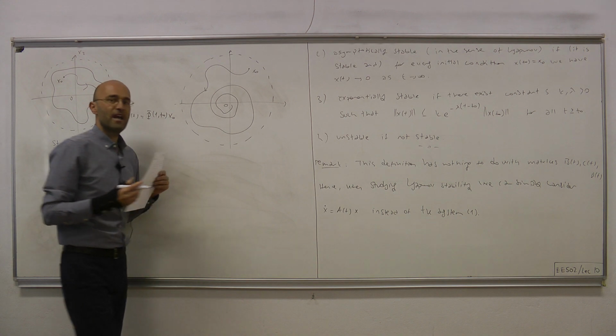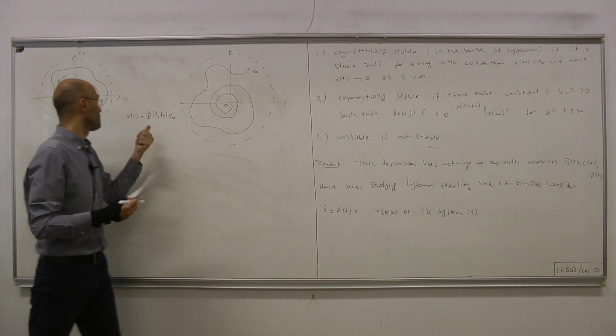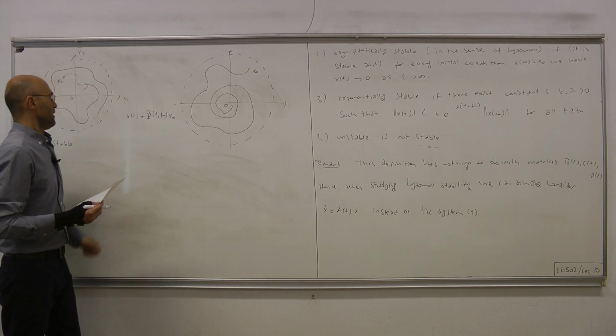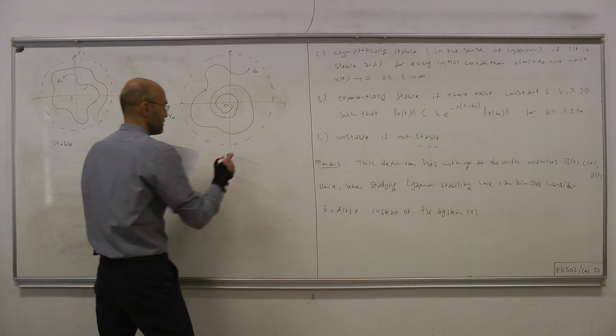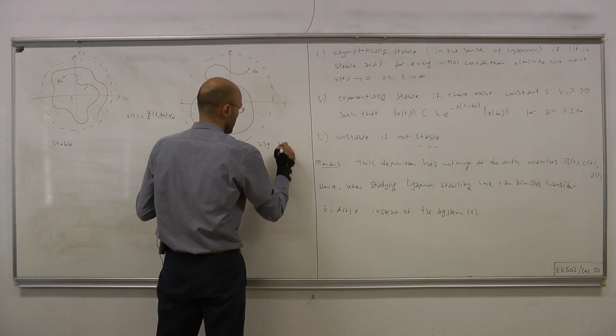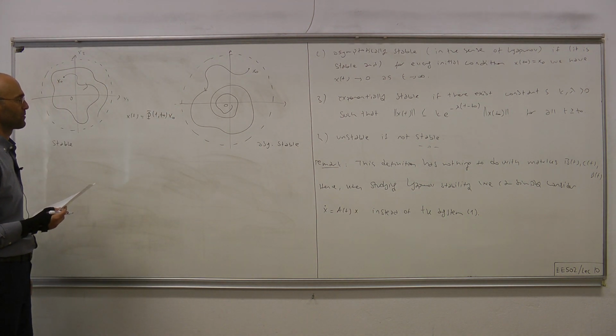If you have such a behavior, and if that holds for all initial conditions and all initial times, then your system is not only stable but also asymptotically stable. So this is asymptotic stability. A very simple picture.